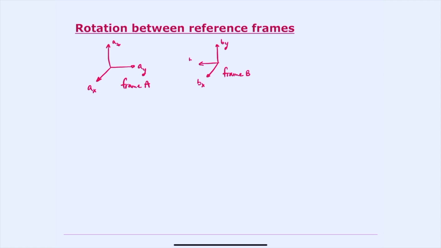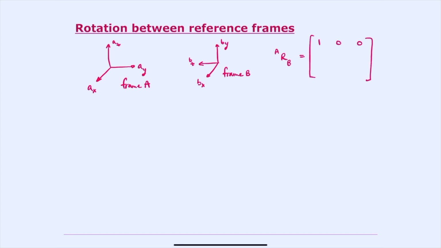By inspection, we can see that frame A and frame B are related simply by a rotation of 90 degrees about the x-axis. And in fact, the rotation matrix RAB, the rotation matrix that relates frames A and B, will be defined as follows. The first row is 1, 0, 0.